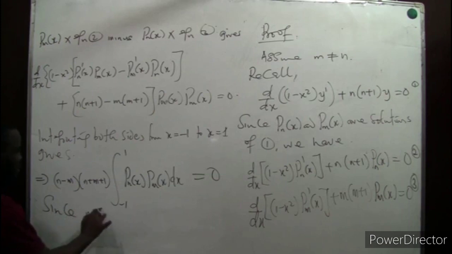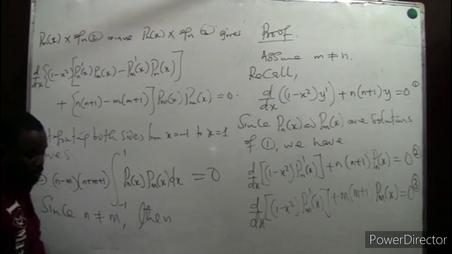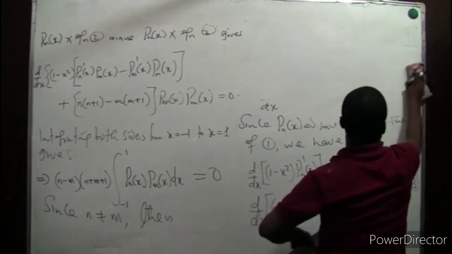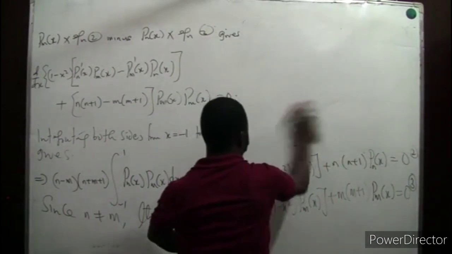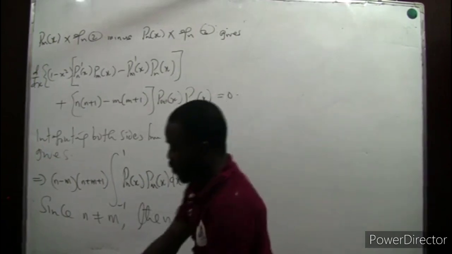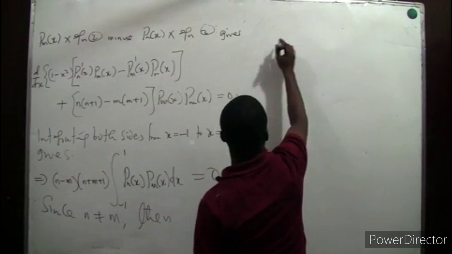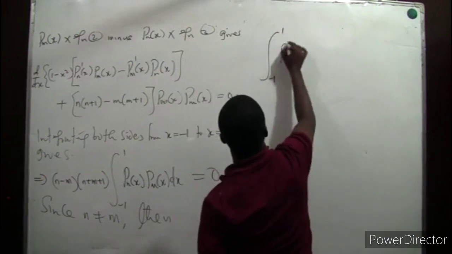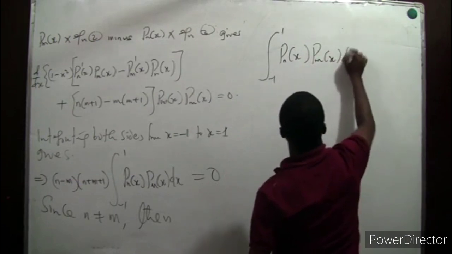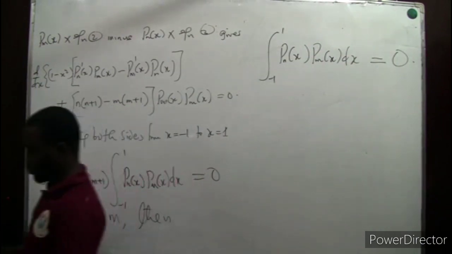Since n is not m, what now happens? From that point, it implies then that the integral from minus 1 to 1 of Pn of x Pm of x dx will automatically become 0. That is the first part of the theorem.